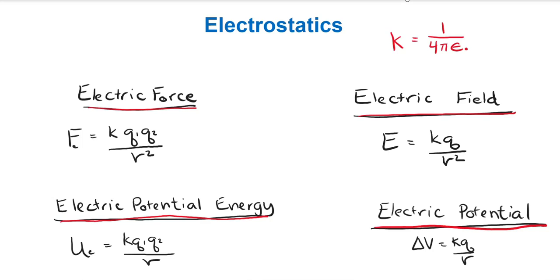So sometimes instead of K, your textbook or homework may have 1 over 4 pi epsilon naught instead of the K. Obviously these equations are all very similar and very easy to get confused, but you will be doing yourself a big favor if you just learn the difference between these four equations, and then all of the relationships between them will kind of come naturally.